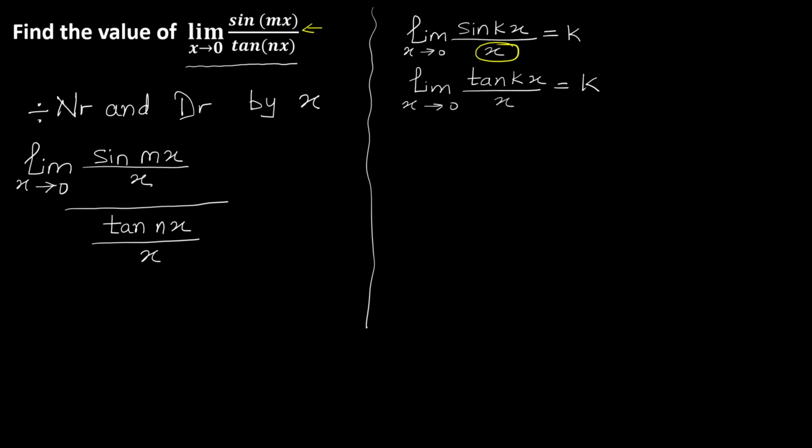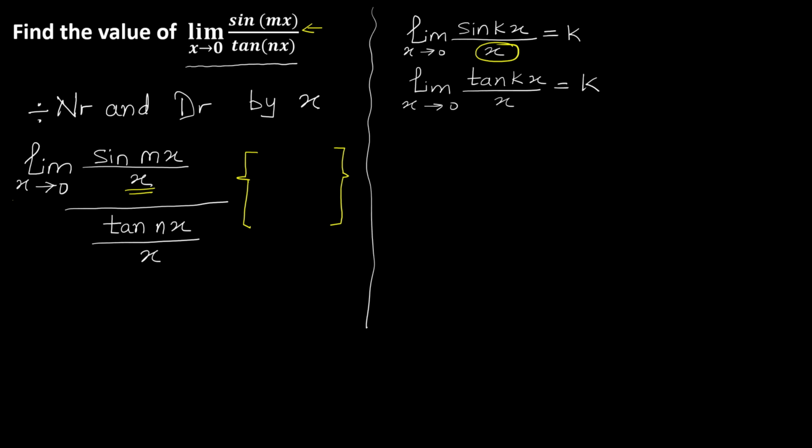Since I'm dividing by x, I need to give a reasoning on the right hand side that this x is not 0.